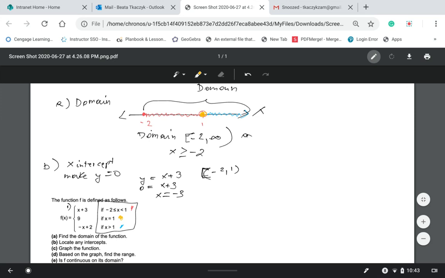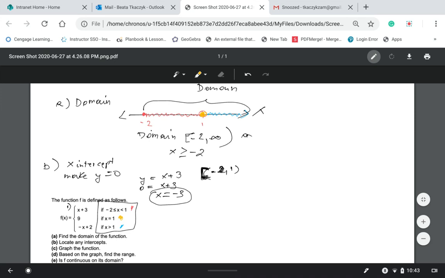Okay, so look what happened here. The first piece of this function, which is x plus 3, doesn't have an x-intercept, because we end up with x equal -3, and x equal -3 doesn't belong to the domain of the first function. So pay attention to the condition. The first function only works for x's from -2 to 1.